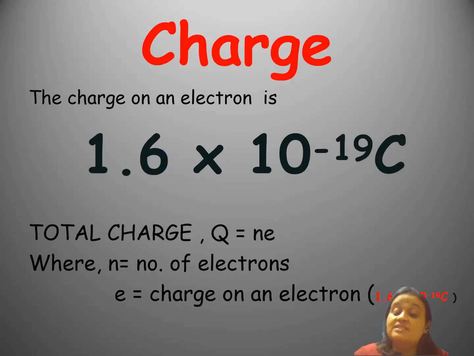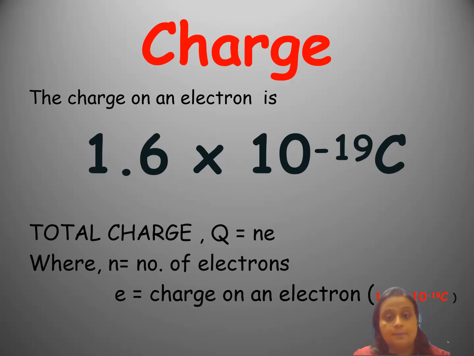And what is the charge on one electron? That also you should remember, although it is given in your book. You have to remember the value: 1.6 × 10^-19 coulomb, that is the charge an electron carries.